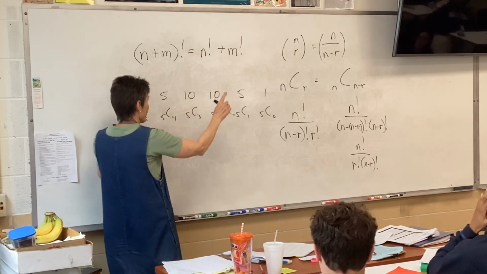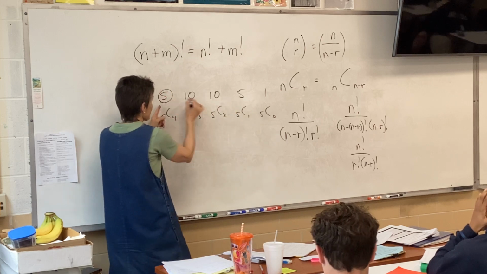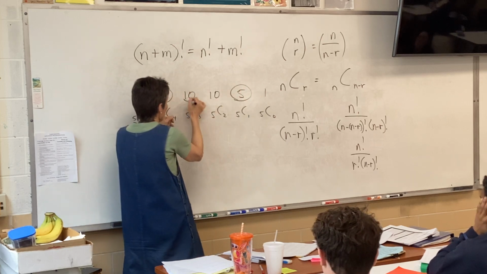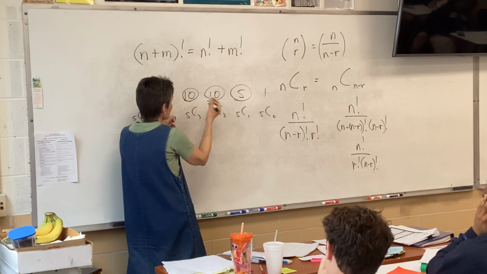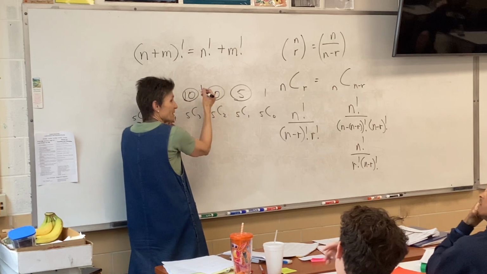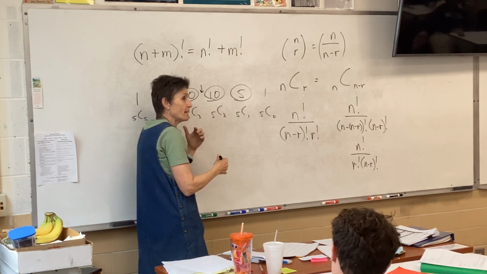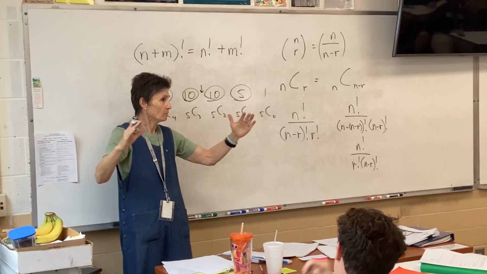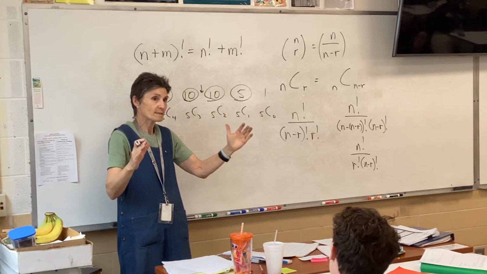First of all, we got the ones on each end, but then you see this match right here, and this match right here, and then sometimes there's a different number in the middle depending on which row you're in, but the triangle is equal on each side, always.